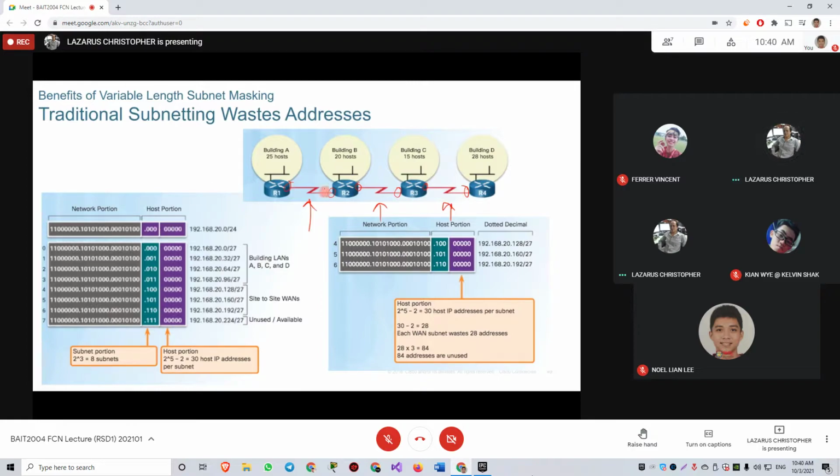So each subnet will have 30 addresses. Here you add up 28 times 3, 84. Total together 84 addresses wasted. So conclusion, traditional subnetting wastes addresses.